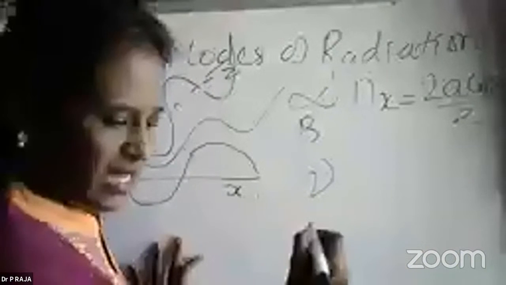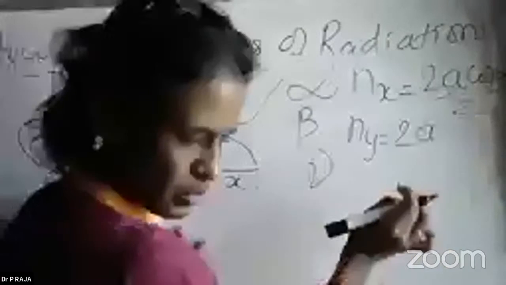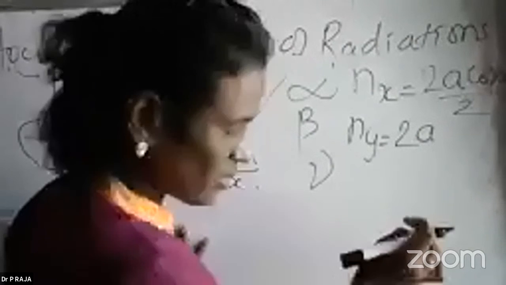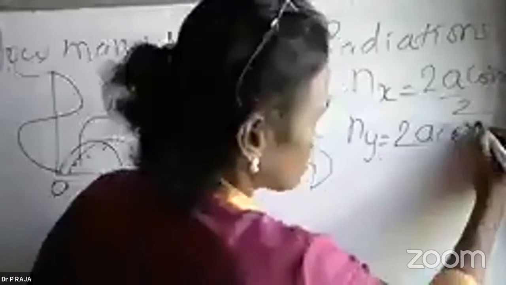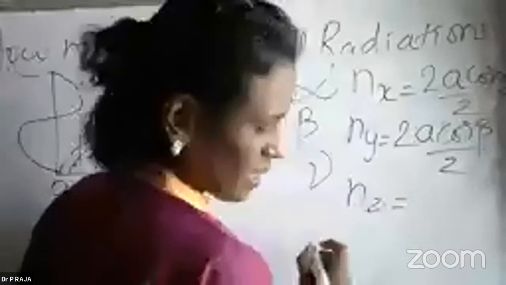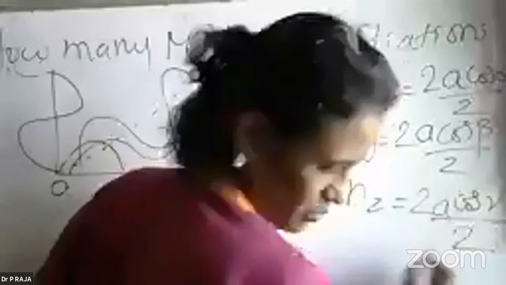And then ny, earlier we had only 2a by lambda. Now ny will become 2a cos beta by lambda. nz will become 2a cos gamma by lambda.